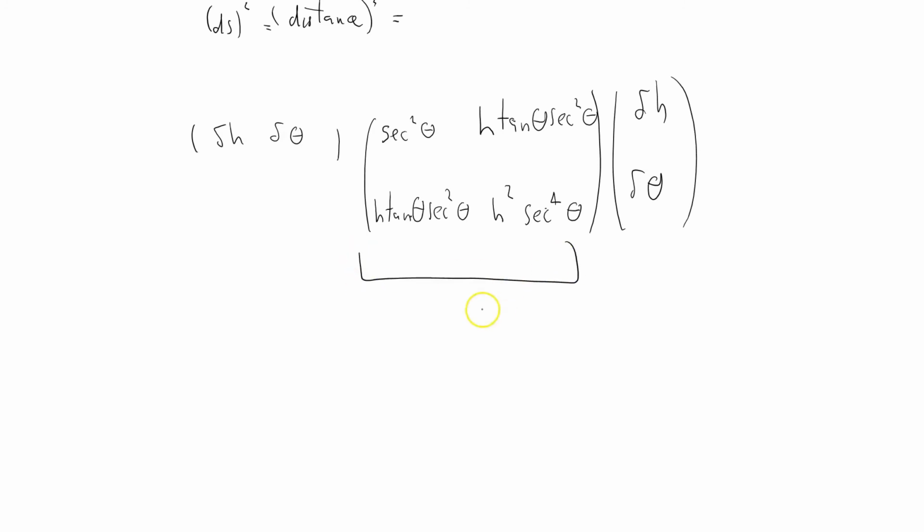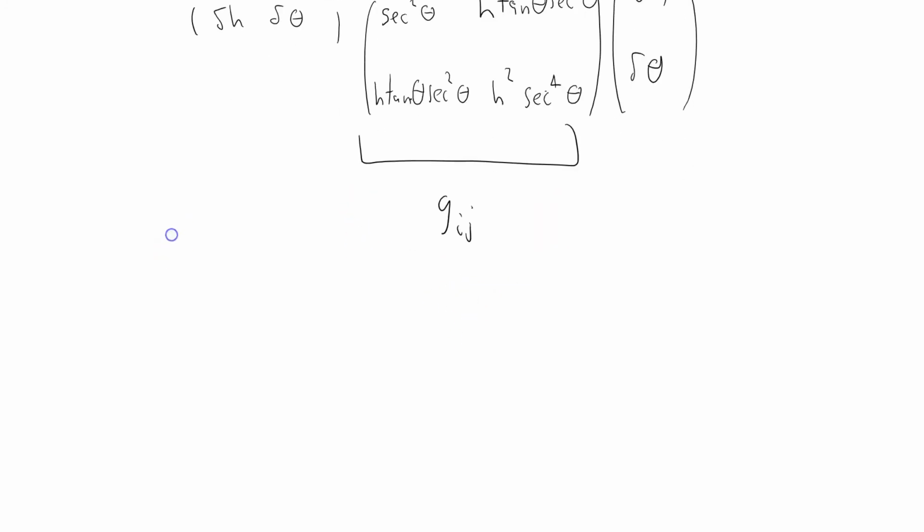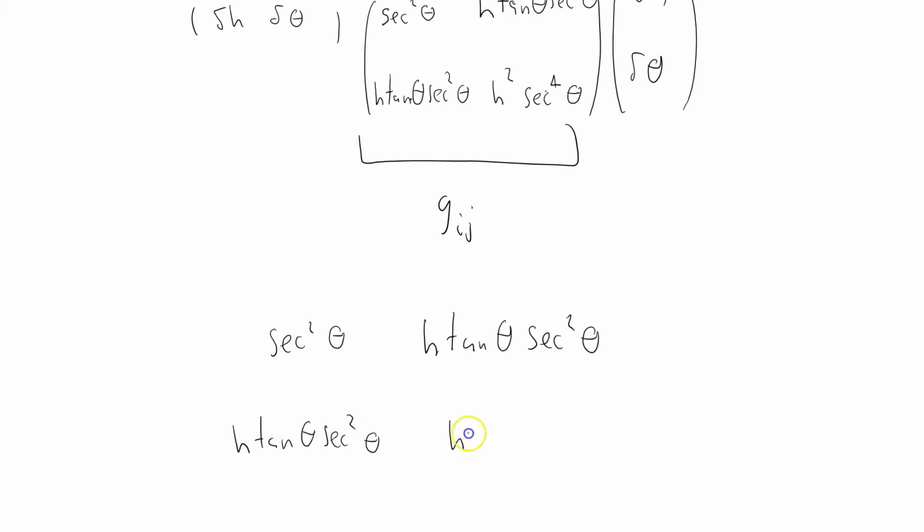So this thing here is my Gij, and I'm going to write it out again. We've got sec squared theta, h tan theta sec squared theta. Same thing here, tan theta sec squared theta, h squared sec to the 4 theta. That's my h row there. This is the column there, h and theta.